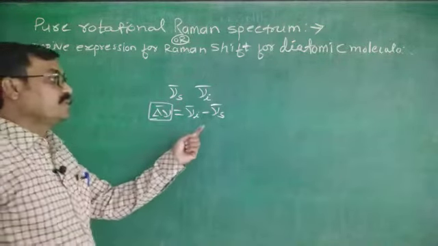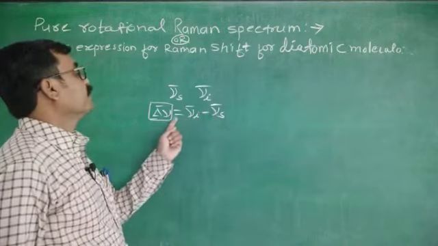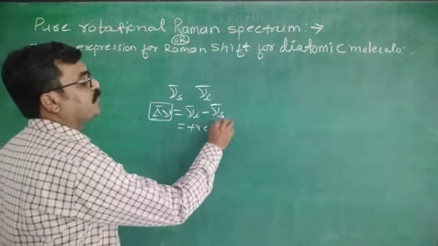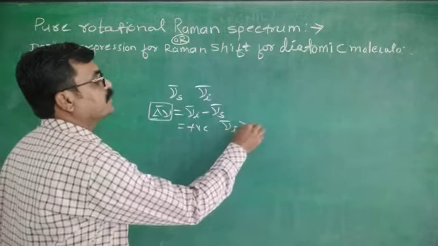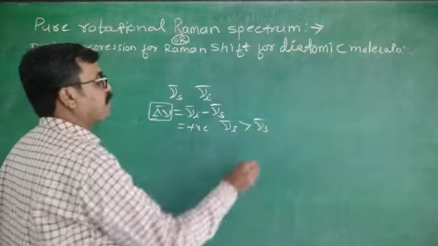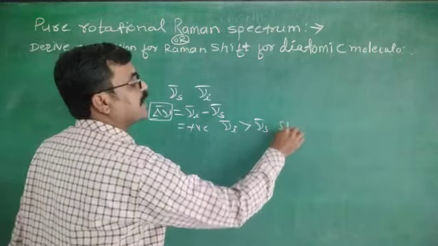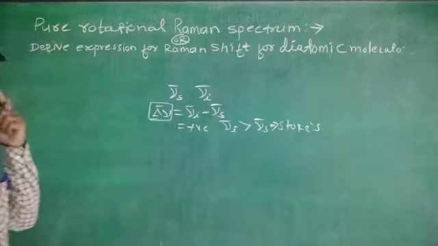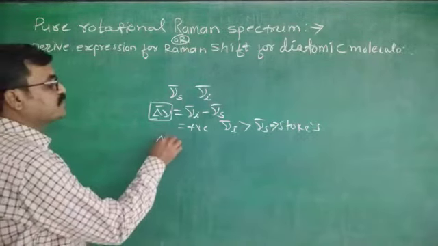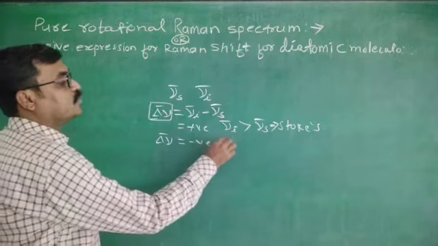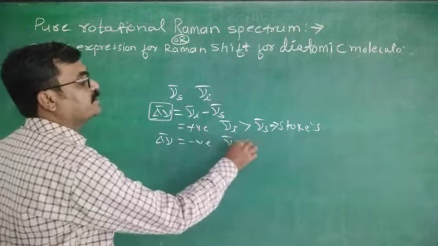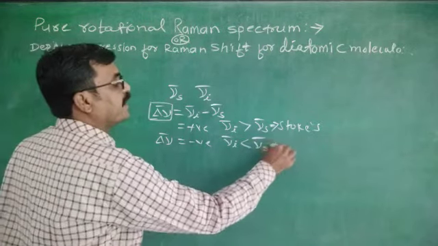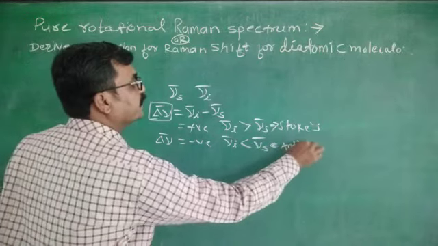If this Raman shift is positive, that is when nu I bar is greater than nu s bar, then Stokes lines are obtained. Opposite to this, if delta nu bar is negative, then nu I bar is less than nu s bar, and anti-Stokes lines are obtained.